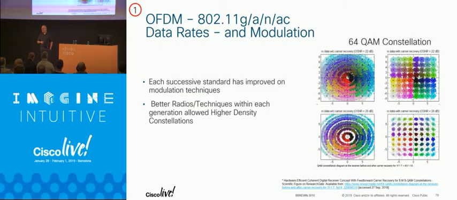Has anybody ever seen the constellation? That's what we see as I and Q. And I and Q are the symbols that are broadcast by the radio that we turn into dots. Well, what's gotten better is our ability to filter and our ability to make better RF, because RF is not pretty.